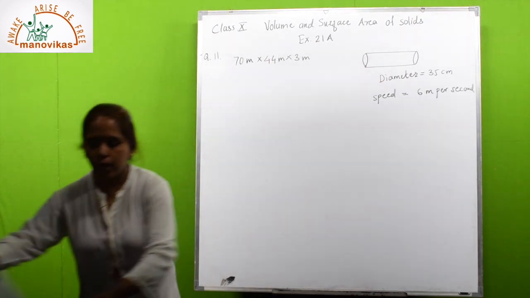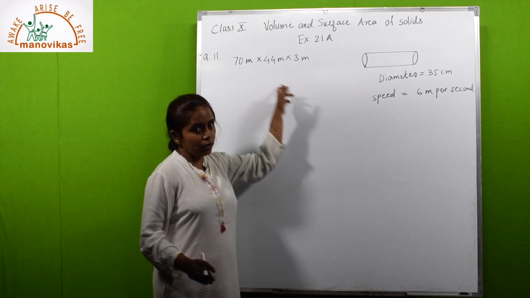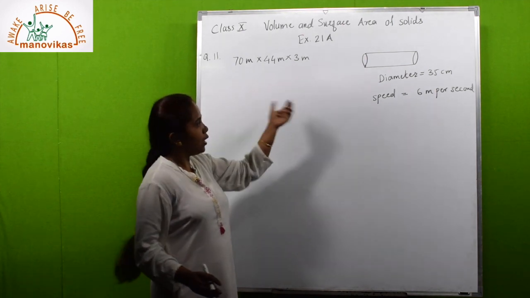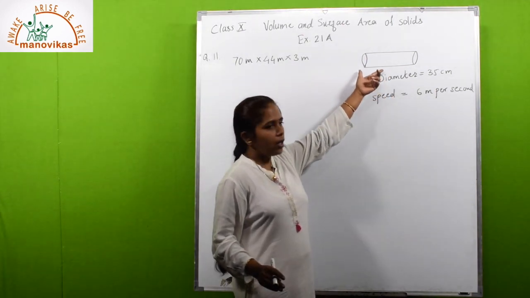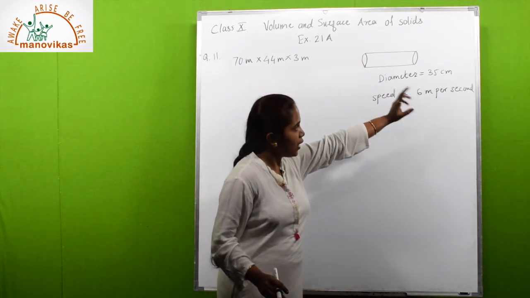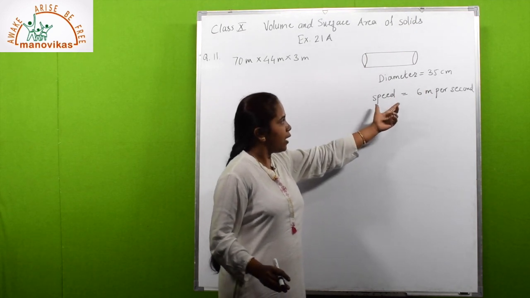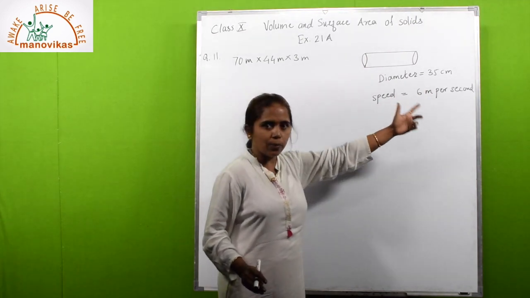Okay, from this question, what is given? These are the dimensions given for the swimming pool. Now the diameter of the cylindrical pipe is given, that is 35 centimeter. The speed is given as 6 meter per second.